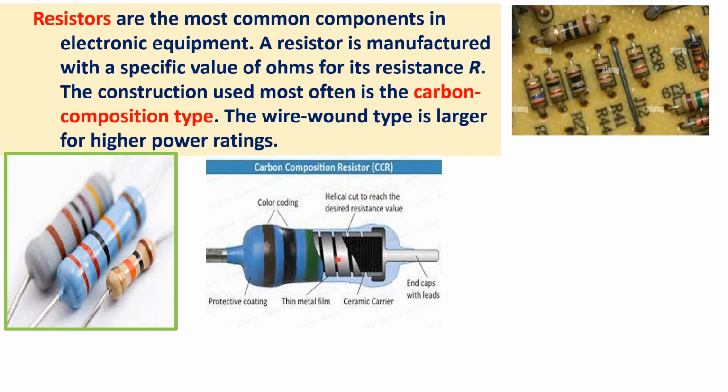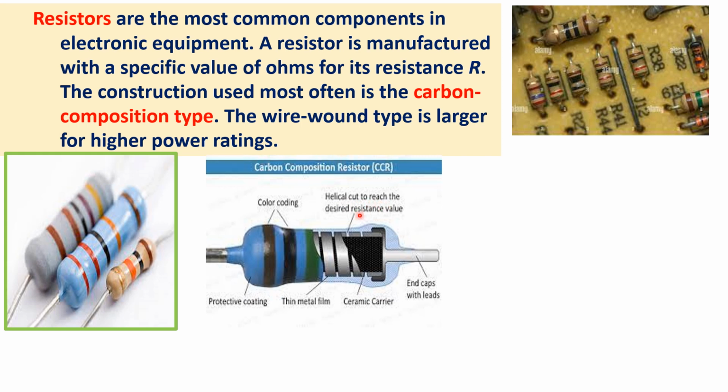So if you're going to look at the inside of a carbon composition resistor, you would see, of course, the protective coating on which the color bands are printed. There is a thin film inside, and the carbon material are in helical cuts.